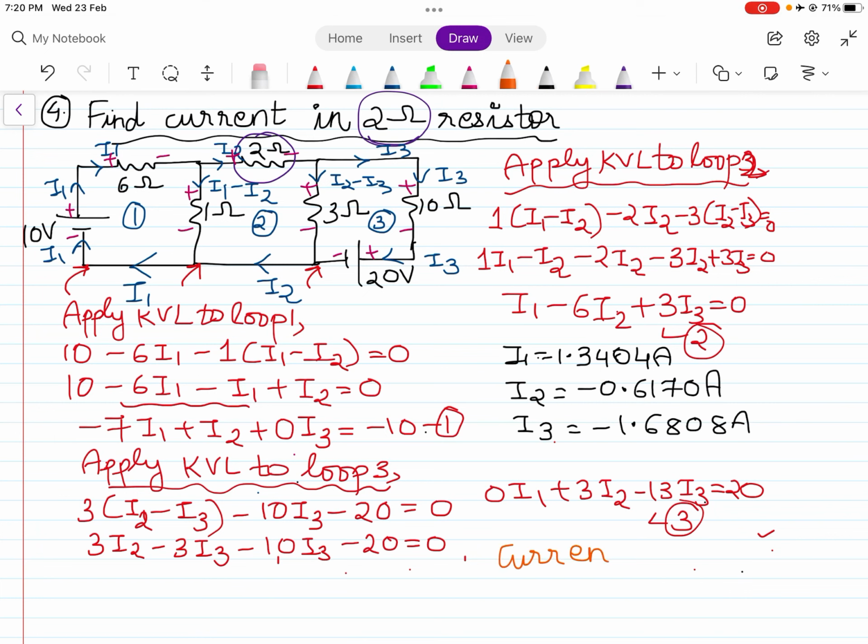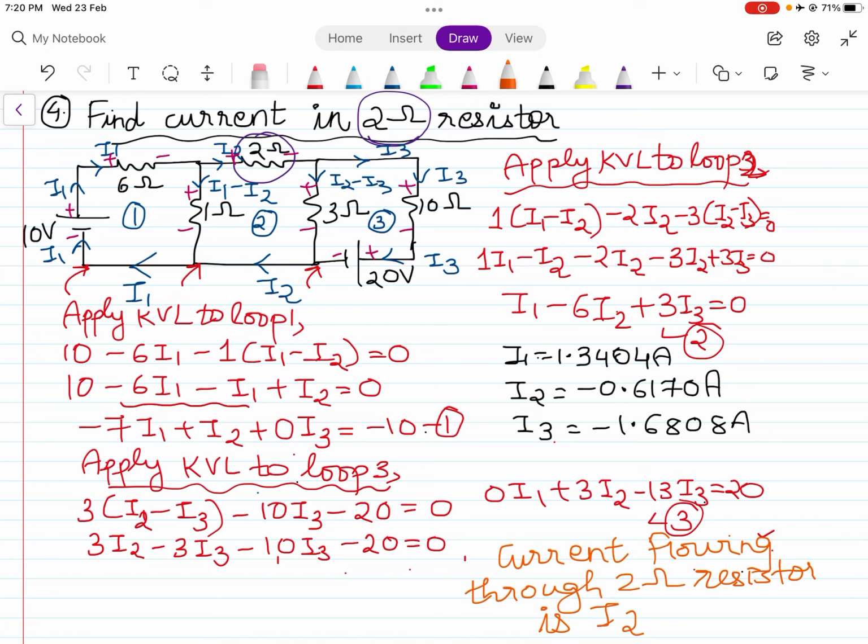So current flowing through the 2 ohm resistor is I2, which is equal to 0.6170 amperes, but in the left direction, because this we got in the right direction.